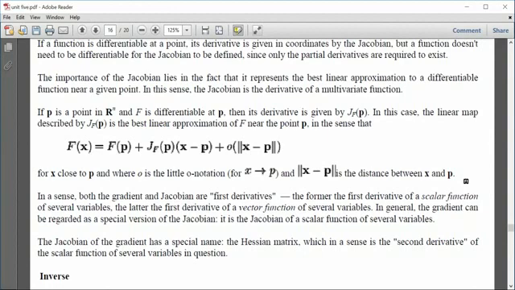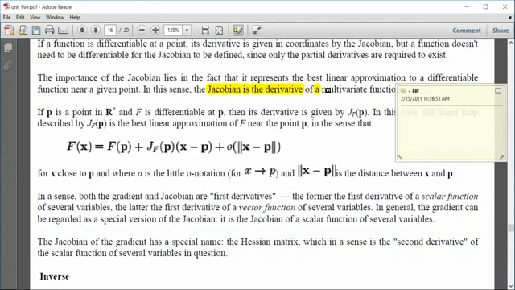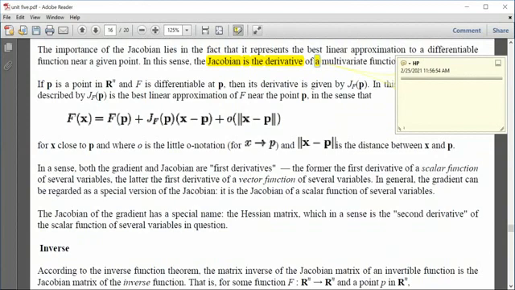Are we all together? Take note of this. The Jacobian is the derivative of a multivariate function. So let's go to another thing here.